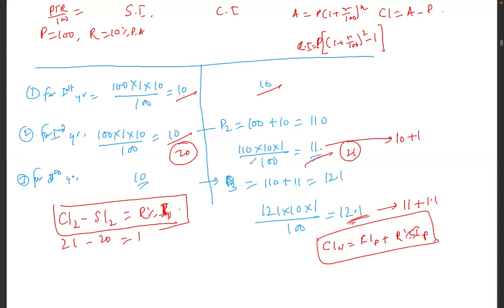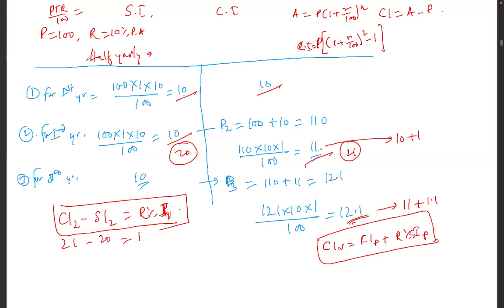Now, one more thing. What we are given? We are given principal is equal to 100 and rate of interest is 10% per annum. Okay. This is called nominal rate of interest. Now, if interest is calculated half yearly, what is the meaning? Interest is calculated half yearly. It means interest is calculated after every half year.